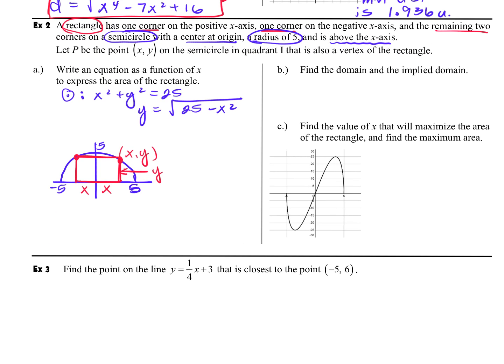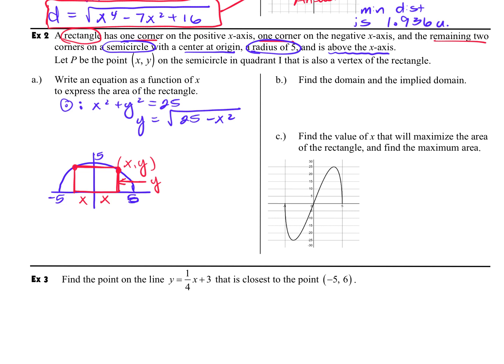We're going to do the same thing down here. I have an x, it gets to stay x, but the y is now going to become my equation for my semicircle, because any y value was on the semicircle. So I'm going to write this here as the square root of 25 minus x squared.